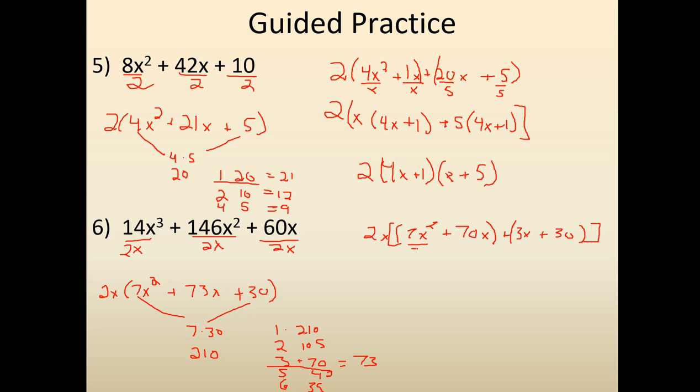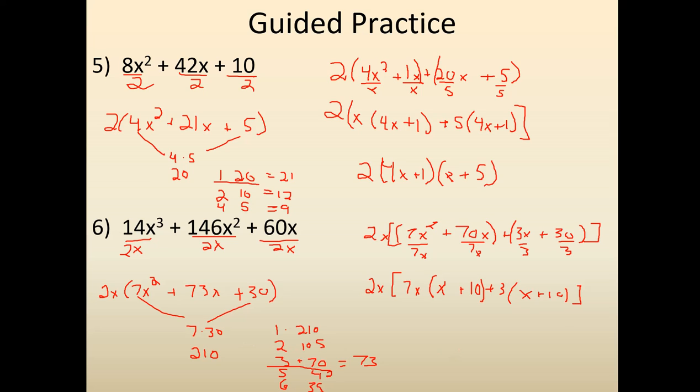Here I can pull out a 7x from both terms. So I end up getting 7x, this becomes x, and this is plus 10. From over here, I could pull out a 3 from both terms. And I'm left with x plus 10.